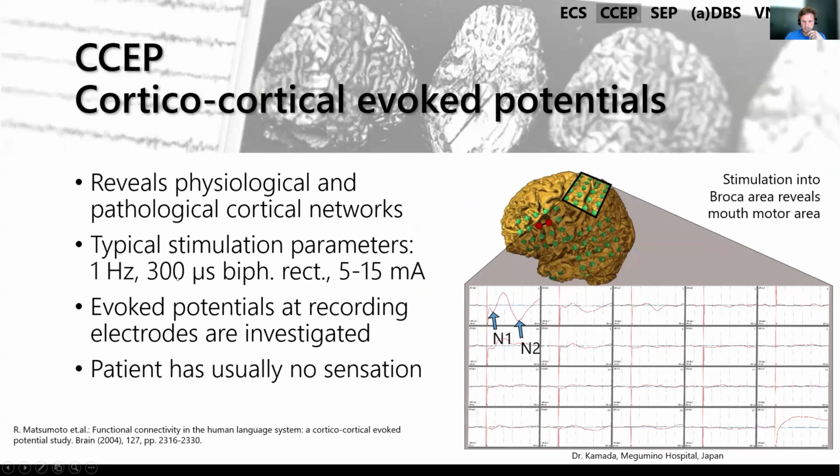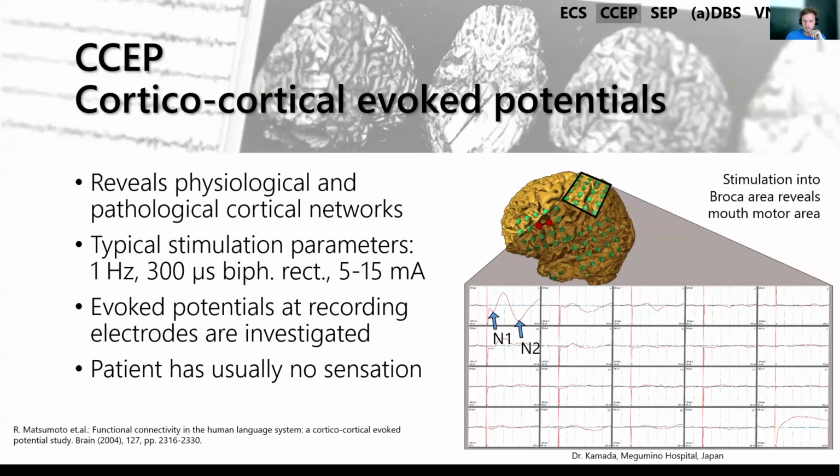So when you're stimulating one side with the typical CCEP settings, and you observe the response in all the other electrodes at different cortical locations, and you are averaging the responses as evoked potentials, you can see the typical CCEP shapes at locations which are functionally connected to the stimulation site. So this is very nice because it allows you to reveal brain networks just with one stimulation.